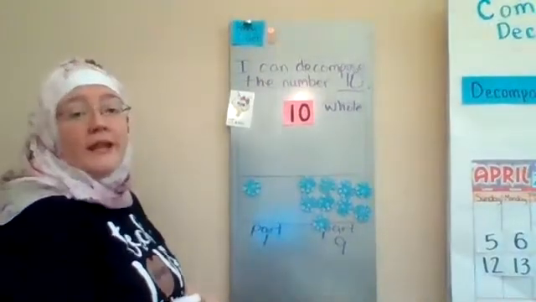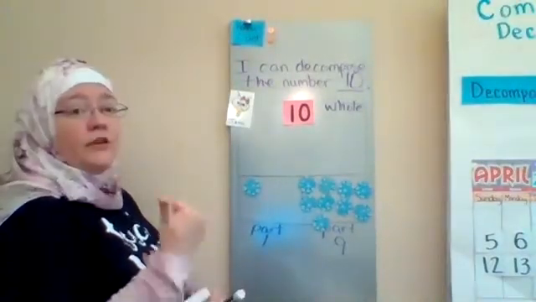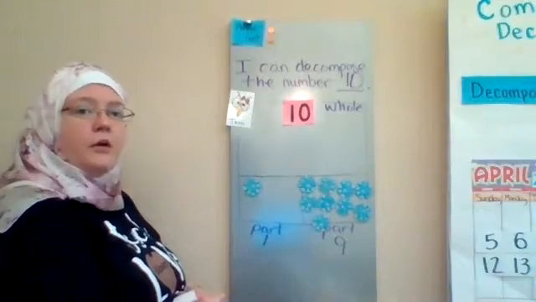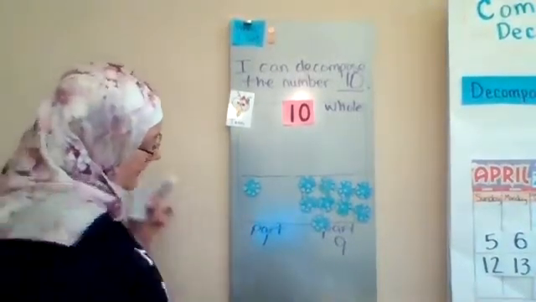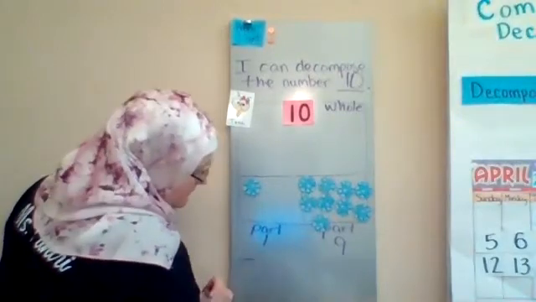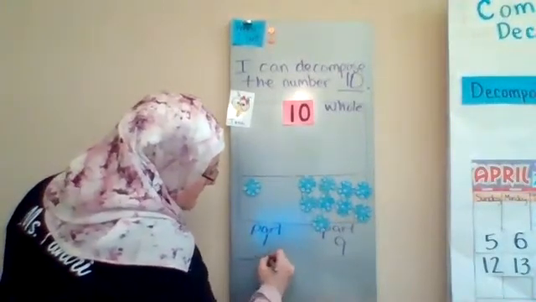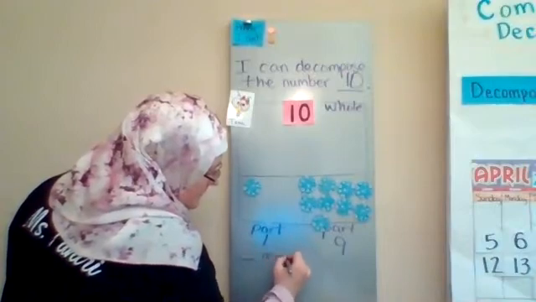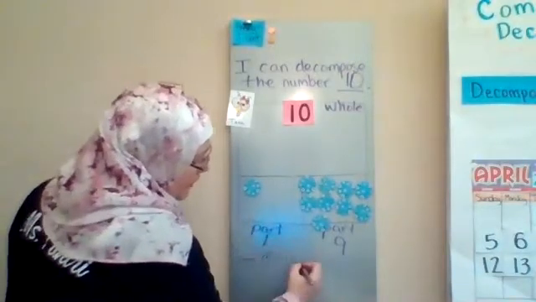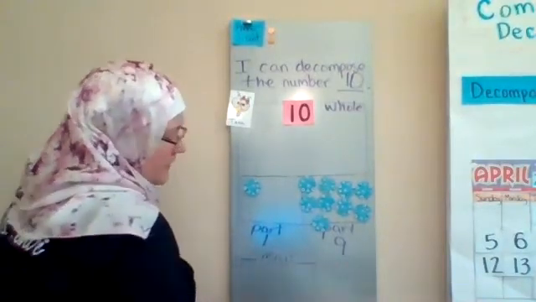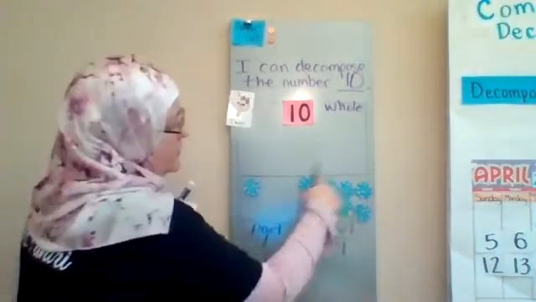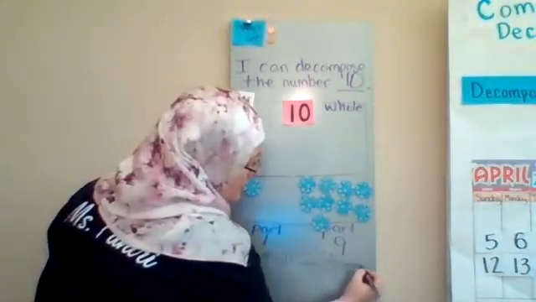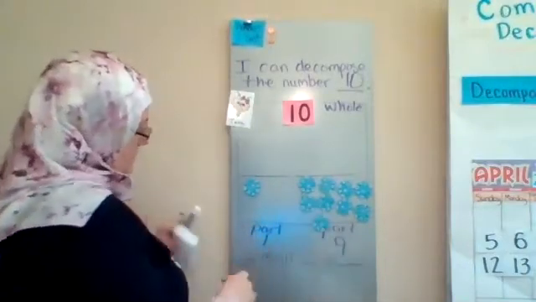I'm going to be writing sentences, and I'd like you to write them along with me, and they're going to go in this order. My number minus the first part that I take away is equal to the second part.